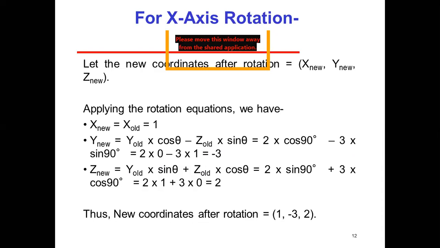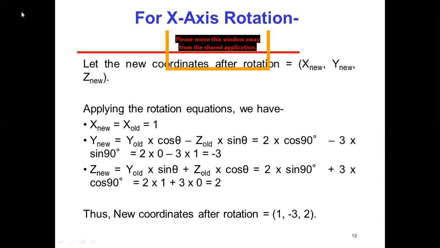Similarly, we can use the formula to calculate the new value of the z coordinate. Again we will put in the formula: y old sin theta plus z old cos theta. Theta is equal to 90 degrees, and we put in the values of y old and z old as needed. Now we can calculate these values easily, no difficulty.